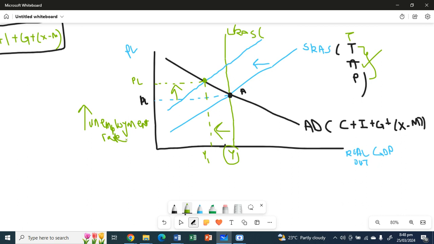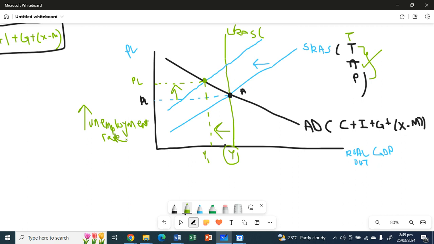Since workers have been laid off. So remember, this graph shows three macroeconomic goals: unemployment, where we want lower unemployment; second, economic growth through GDP; and the third thing it illustrates is inflation through price level.